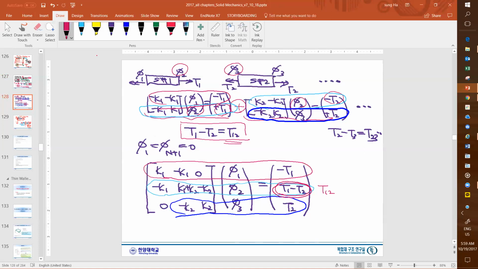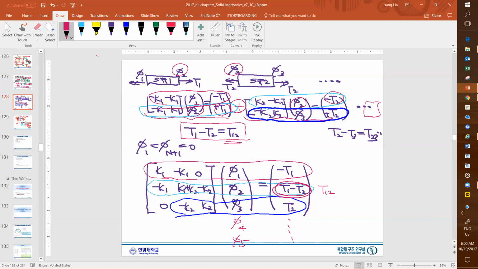You add it, you have another one. Similarly, you add 4 and 5, and you keep adding them. So this is a very typical matrix form to solve these kinds of structures. I'm trying to explain this generic procedure to combine all these shafts, and you can solve them using a numerical method.